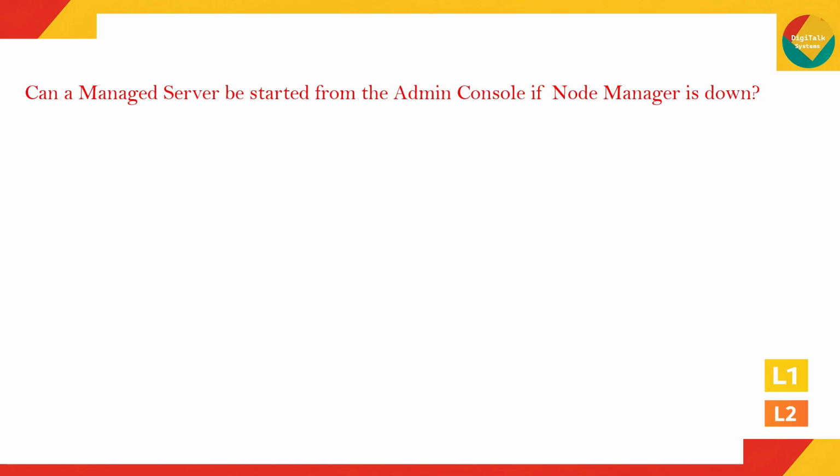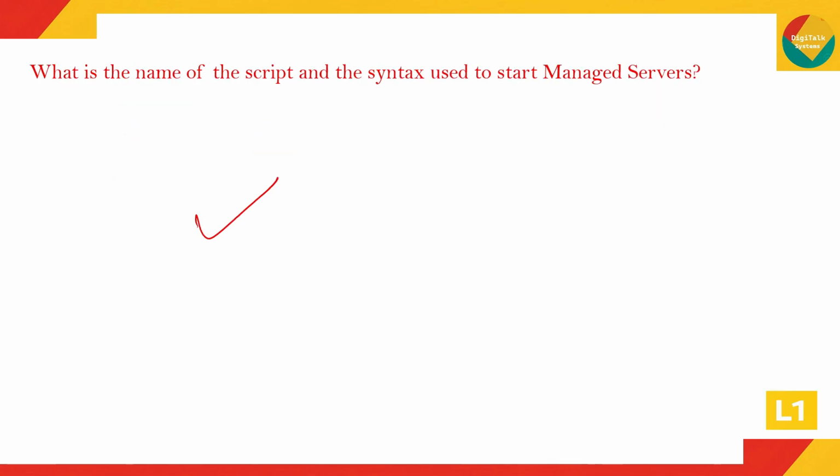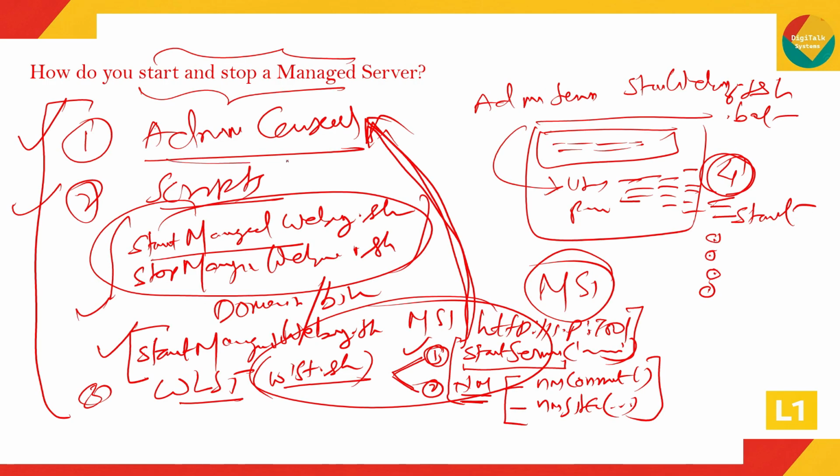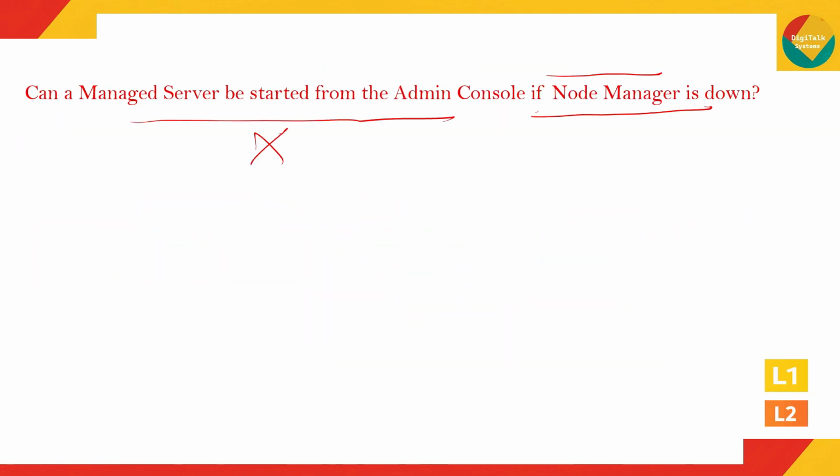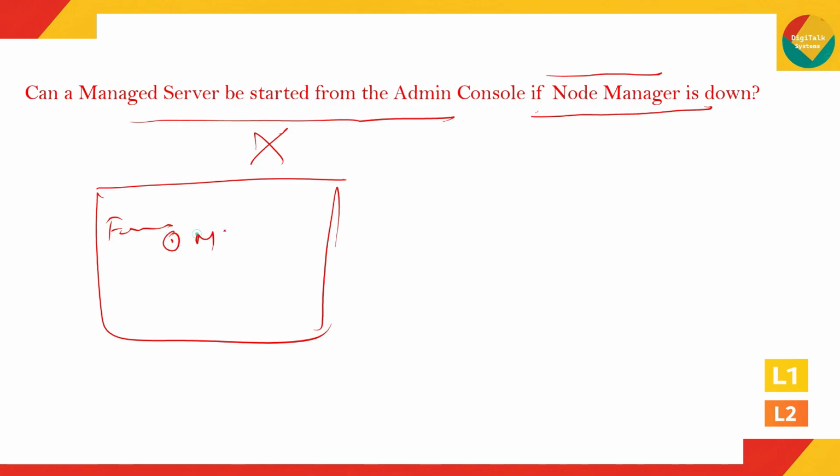Can a managed server be started from the admin console if the node manager is down? This is again a very important question. If your node manager is not running, you will not be able to start your managed server from the admin console. Suppose you log into the admin console, go to the environment section, select your managed server, and hit the start button.